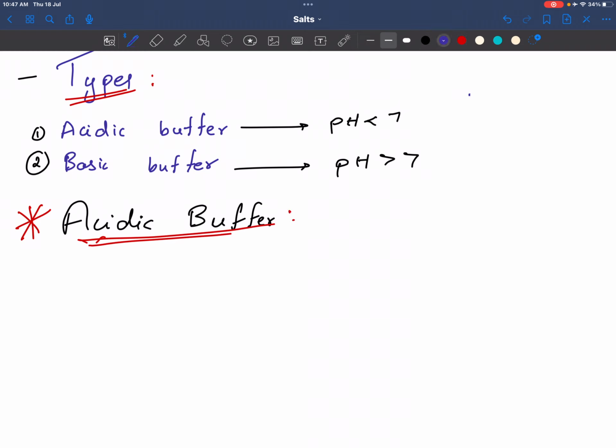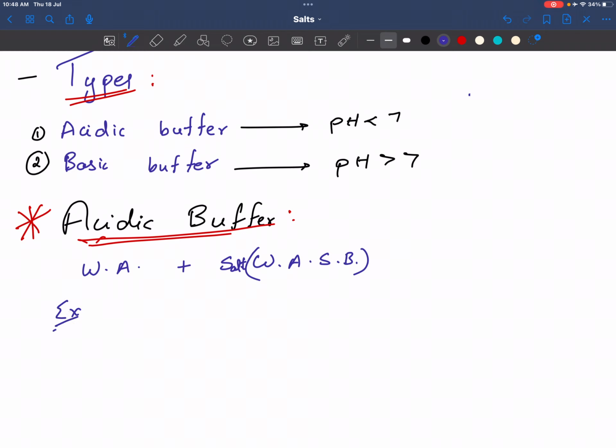An acidic buffer is prepared by using a weak acid plus salt of that weak acid with strong base. This is salt of that same weak acid with a strong base.